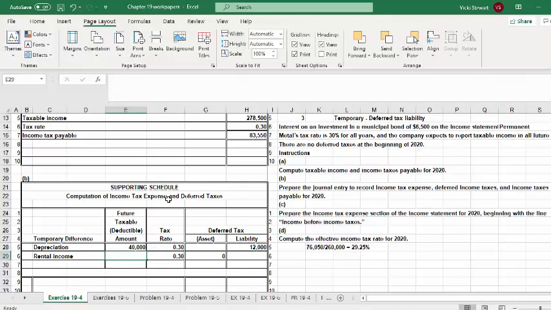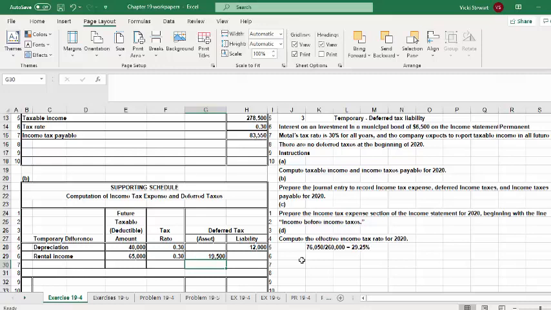We also had rental income of $65,000 that was more than what was reported on the financial statements. So in the future, that will result in a $19,500 deferred tax asset.